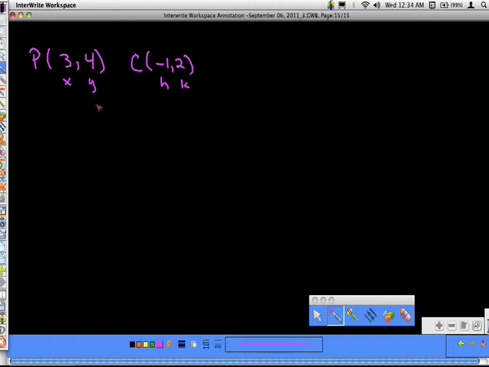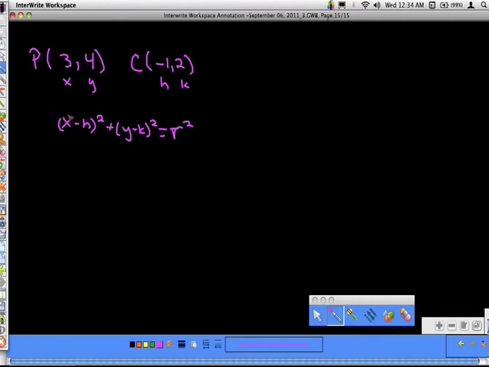So let's set up our equation for our circle. So we're going to do x minus h all squared plus y minus k all squared equals r squared. So let's substitute in what we know.